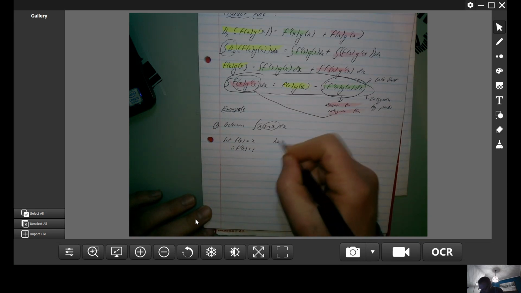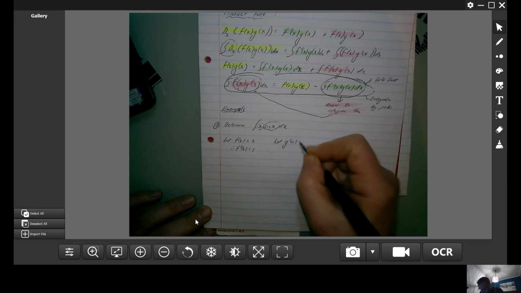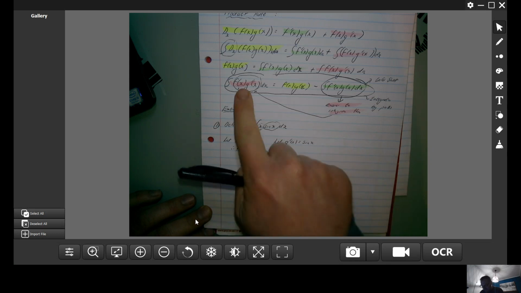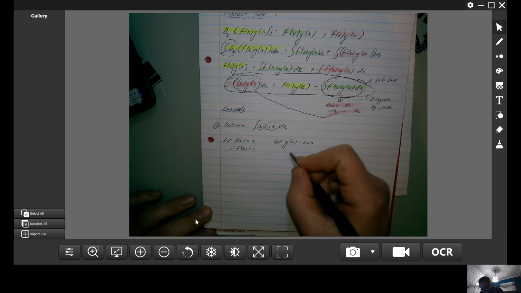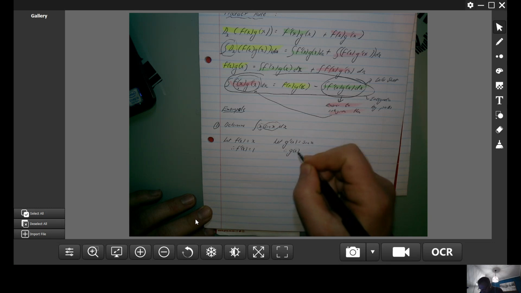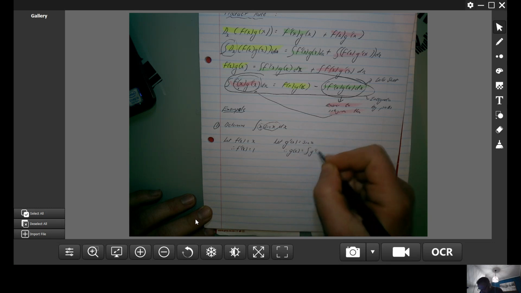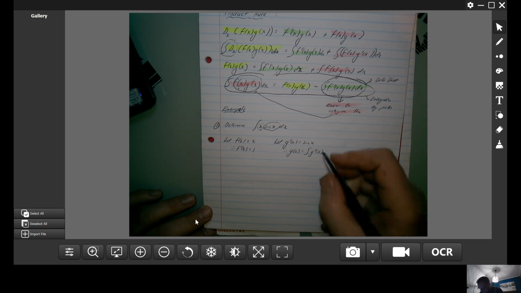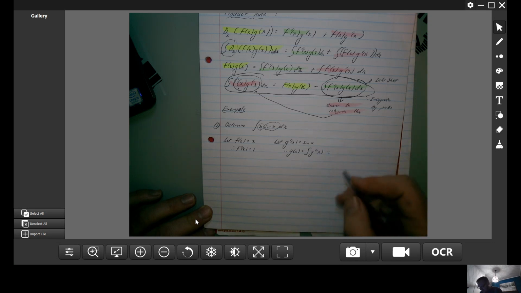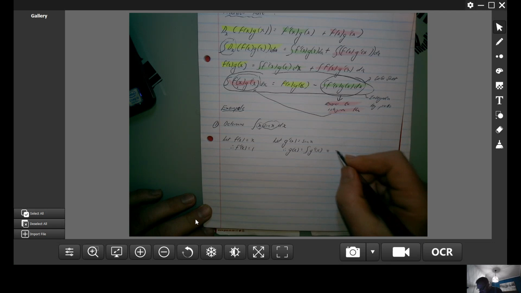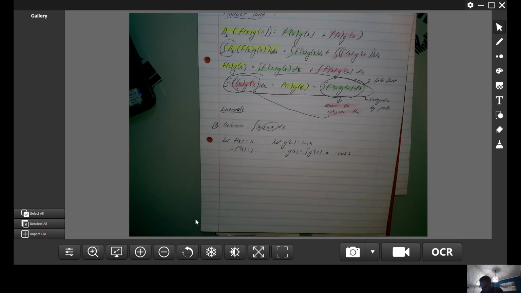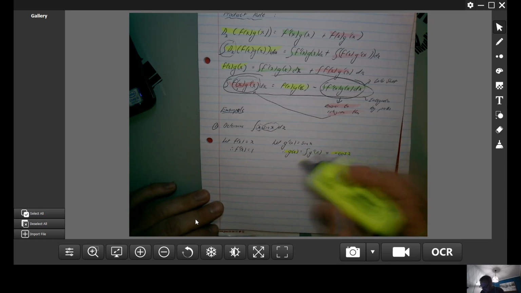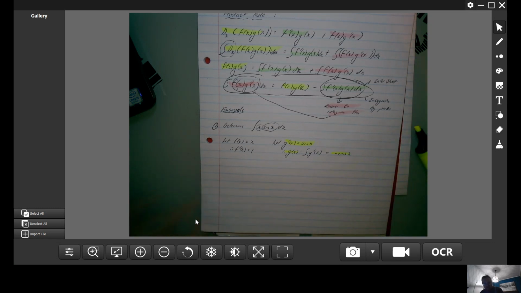So let g dashed of x be equal to sine x, because the formula says we must have f of x times something we call g dashed of x, which means g of x is equal to the integral of g dashed of x. What I have to differentiate to get to sine is negative cos x, because the derivative of cos is negative sine x. So g of x will be equal to negative cos x, g dash x is sine x, and if f of x is x, f dash of x is 1.